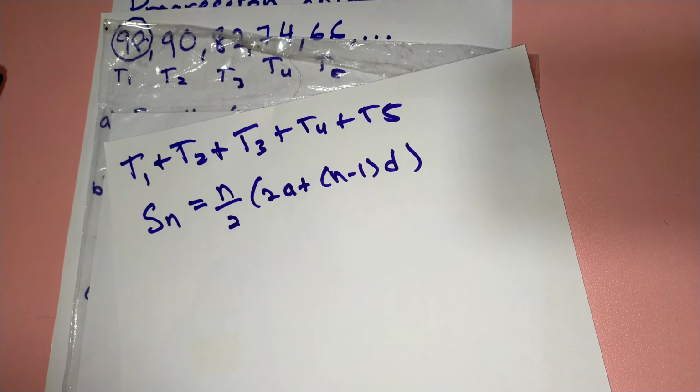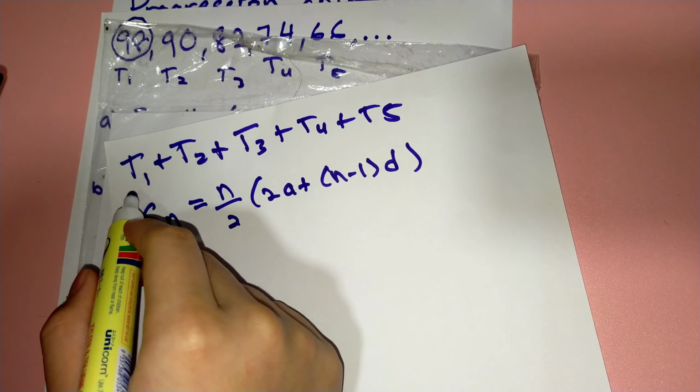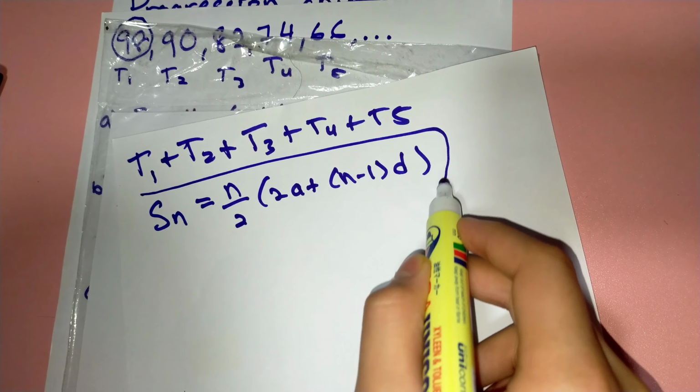So basically this is the formula you must take note of to find the sum of all the numbers.